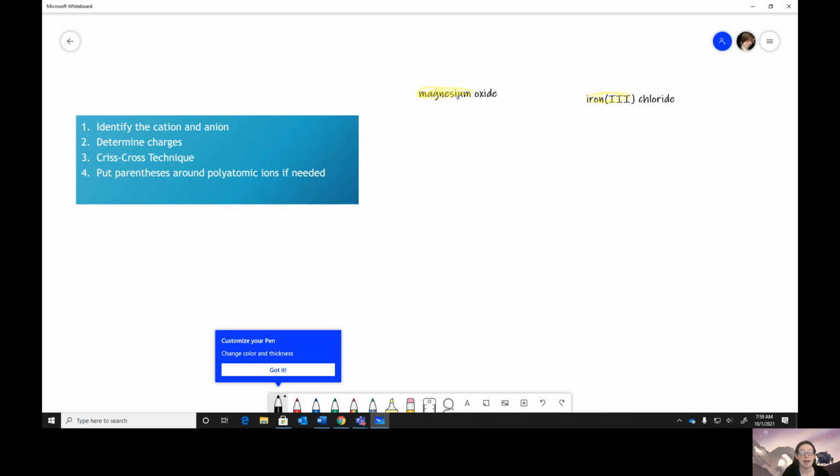So I know that I have magnesium. Magnesium is a group 2 metal, so it's Mg2+. And then I have to figure out what my anion is. My anion is oxide. If you don't recognize it right away, the first thing you want to do is get rid of that IDE and look at the OX.